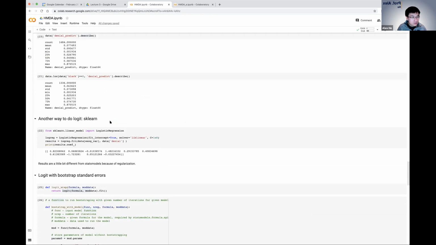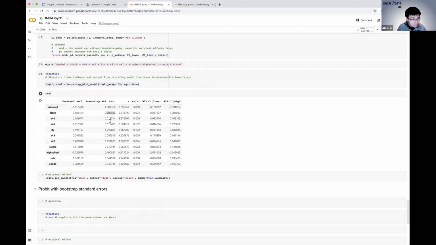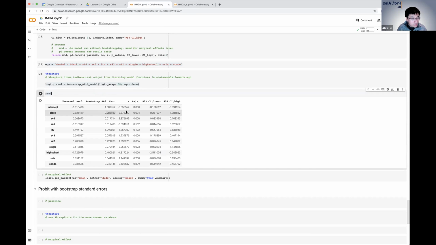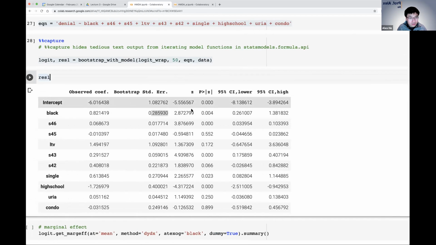So it's getting a little bit bigger, but not that much, only a little bigger. Then the p-value is no longer 0.000, but 0.004, but still it's pretty low, so we can still confidently reject that black has a zero effect.